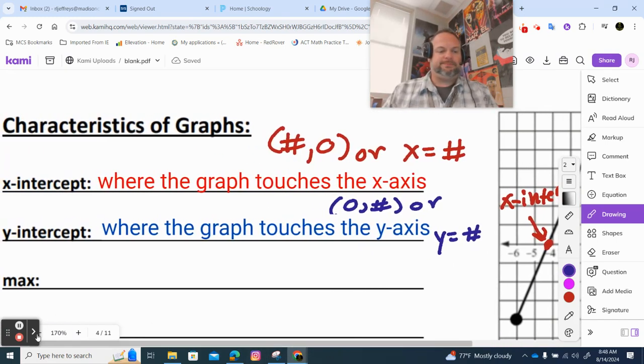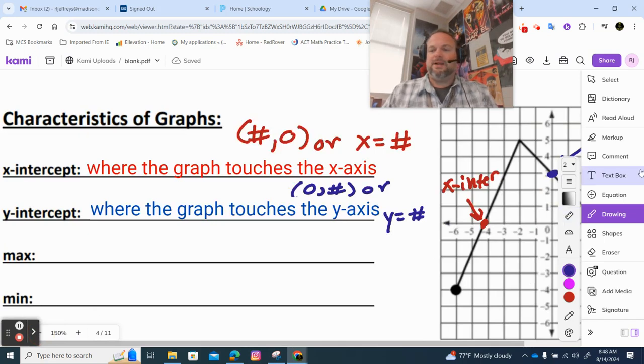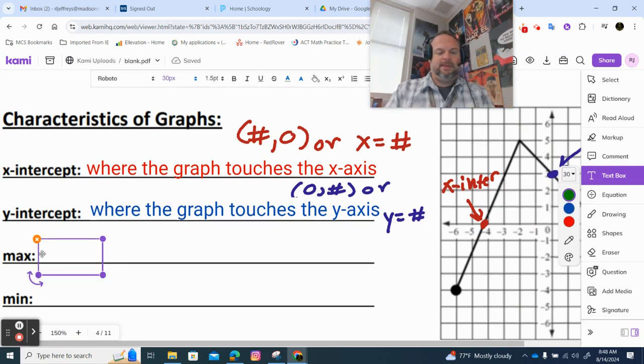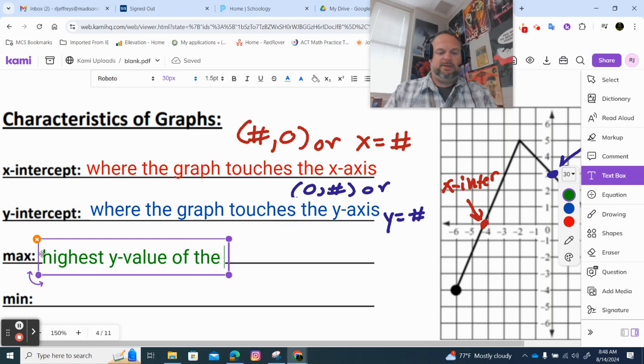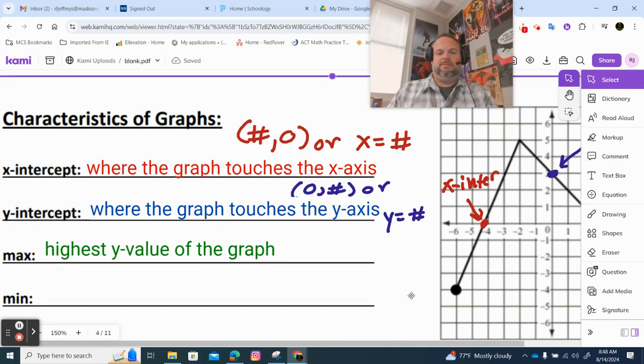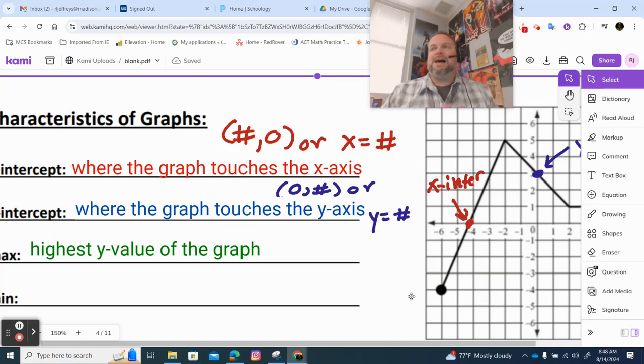So our max is the highest y value of the graph. The highest y value.